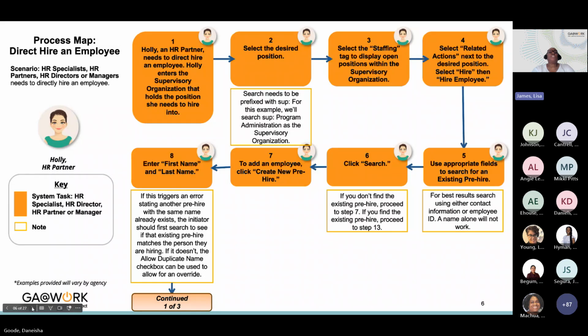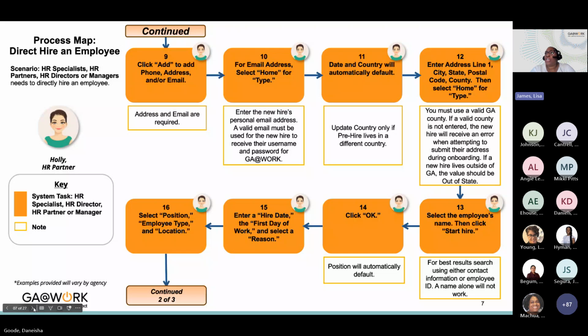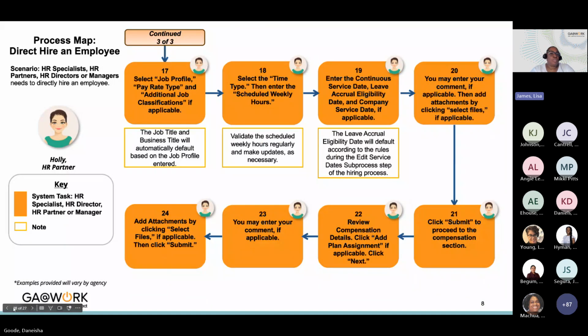So this is the business process map for the hire. Holly, who's an HR partner, will pull up her supervisory organization. Go back to 1, please.